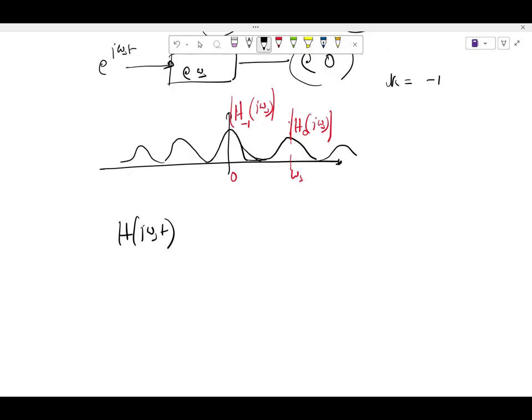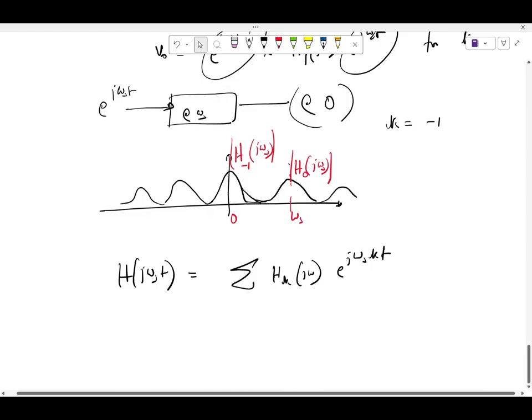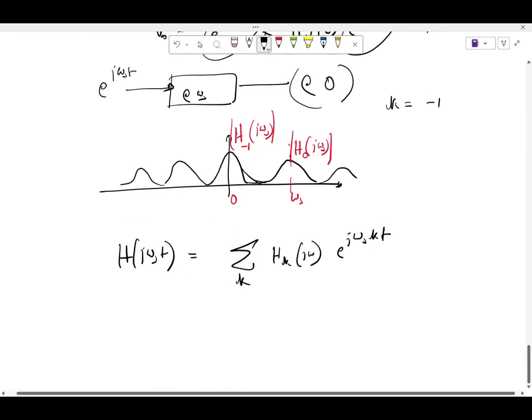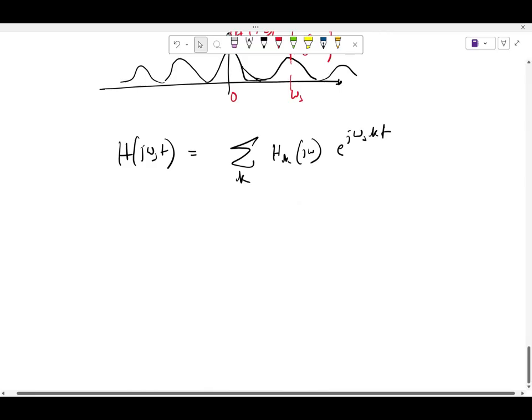For the switched RC network that I am talking about, for any LPTV, this becomes h of k j omega over j omega t, j omega s k t. Did I miss the k there? No, I had it fine. For all k. So this I can, in a block diagrammatic sense, sketch as follows.